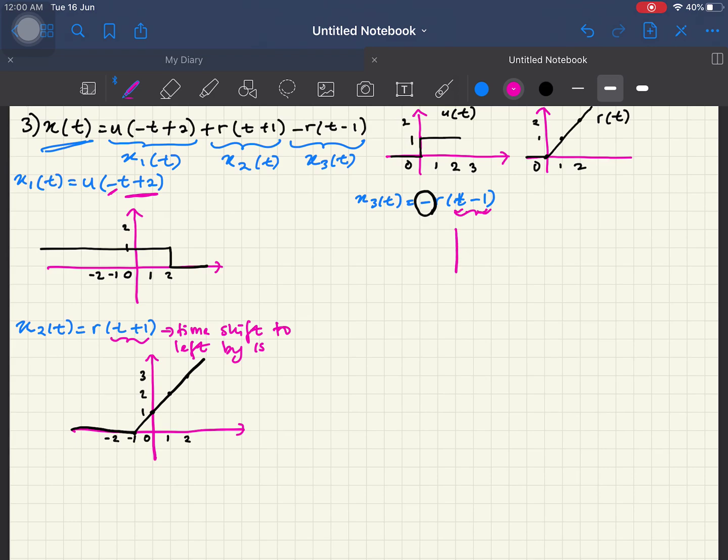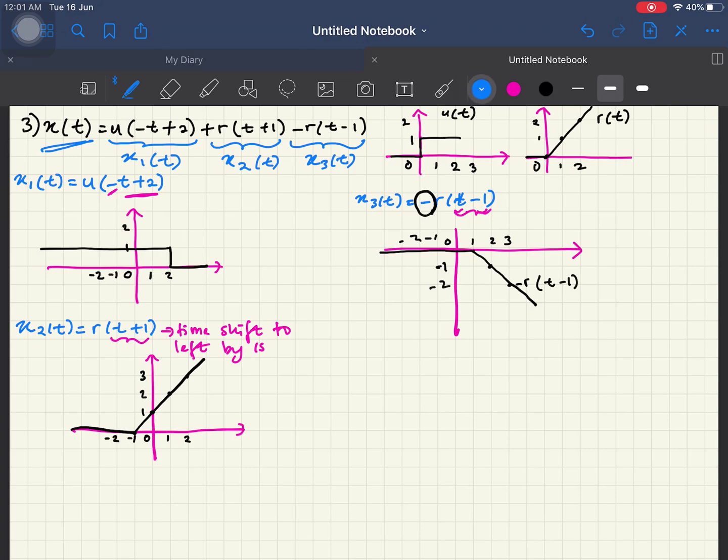If I am to plot this, we have 0 until positive 1, and then if you plot like that, this is a ramp signal of slope -1 shifted to the right by 1 second.